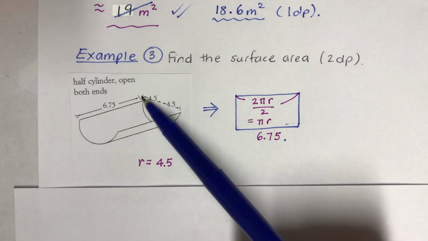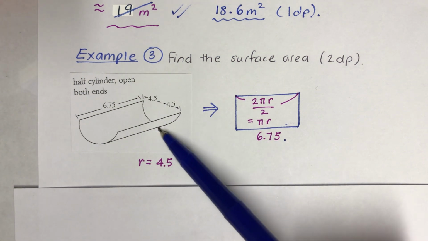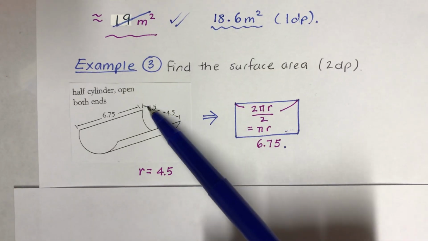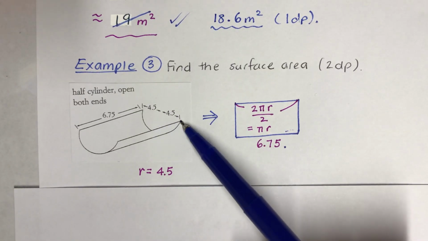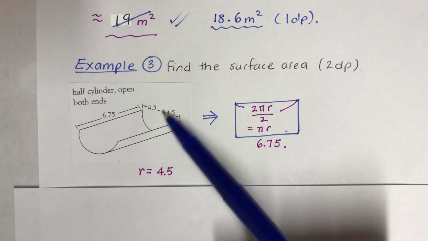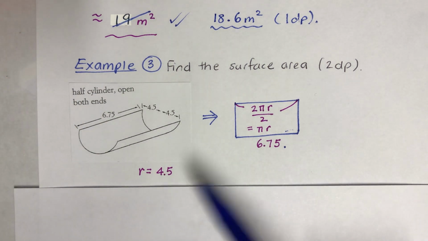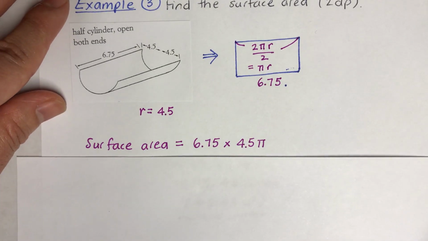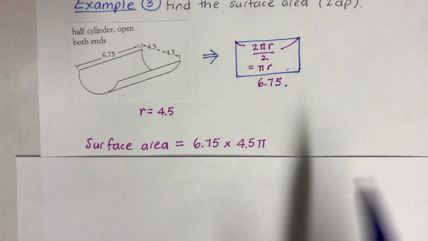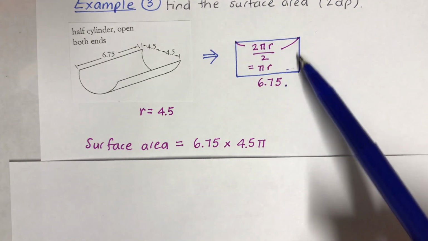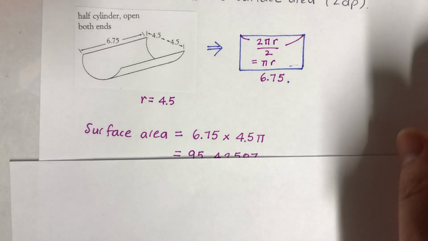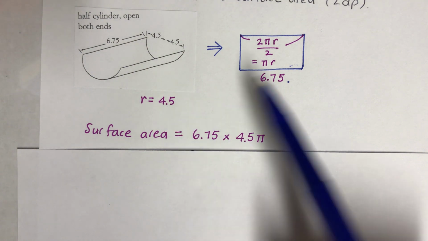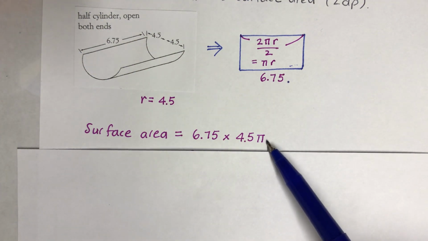And what's my radius? This one is 4.5 plus 4.5, so I'm just going to halve that. It's 4.5. So my radius is 4.5. Let's calculate this. Surface area will be just length times width, which is 6.75 times pi r, which is 4.5 times pi.